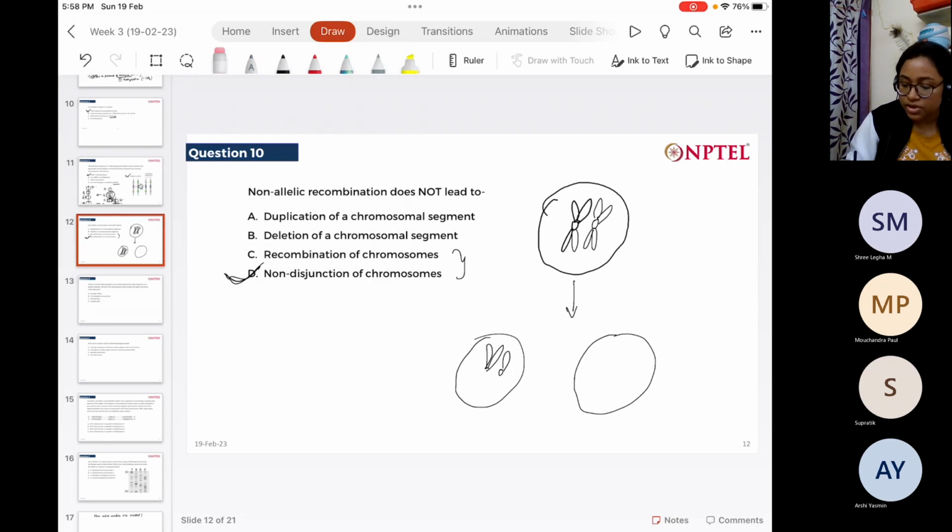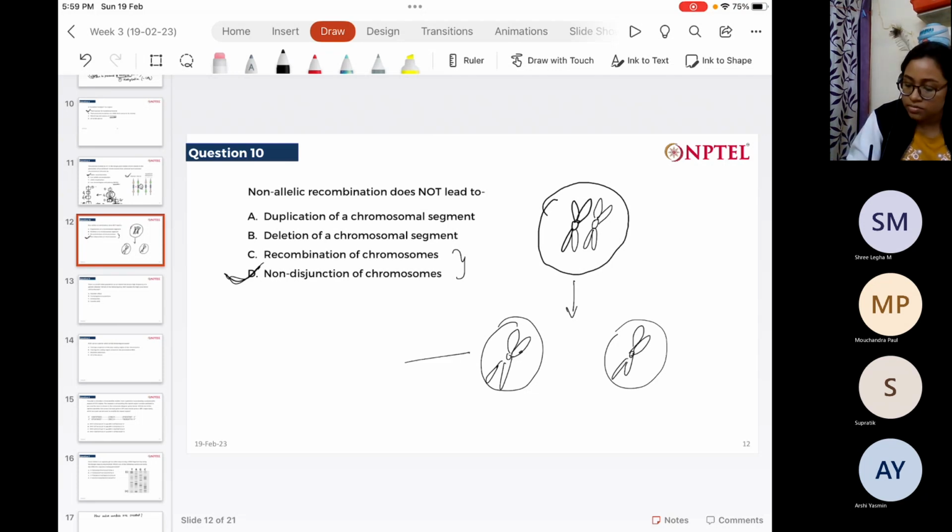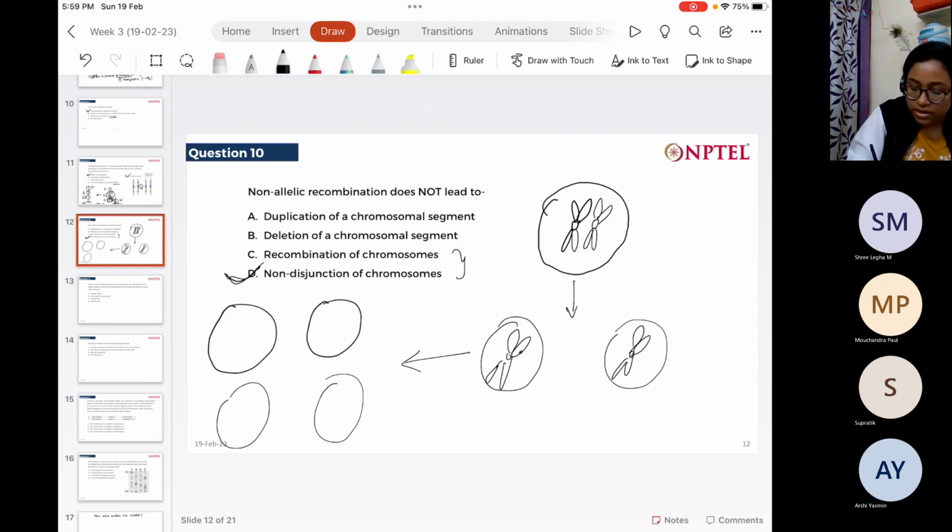Or what can happen is, say at the end of meiosis 1, the homologous chromosomes have distributed equally. But at the end of meiosis 2, the sister chromatids did not distribute equally. So here there is no sister chromatid, and here is a sister chromatid.